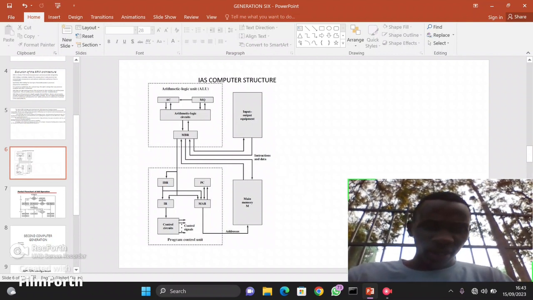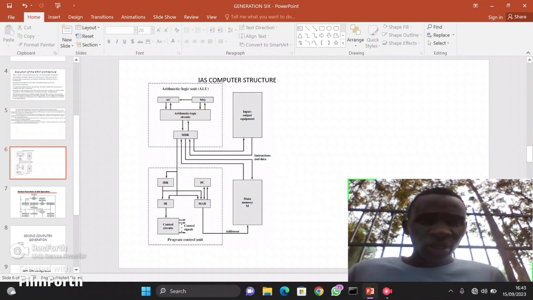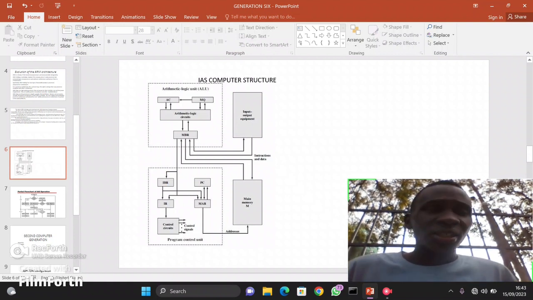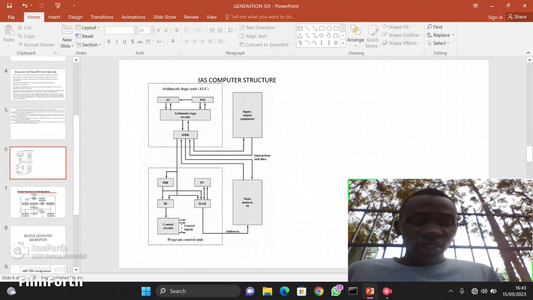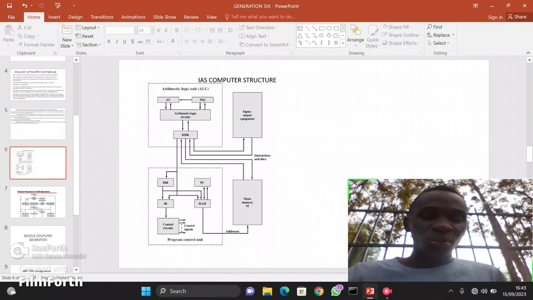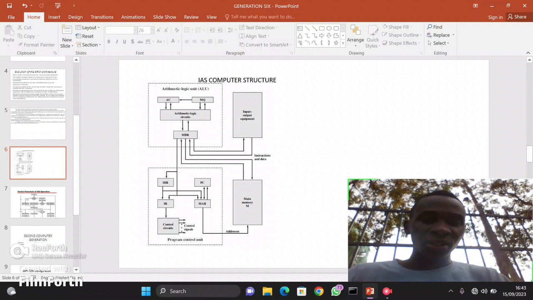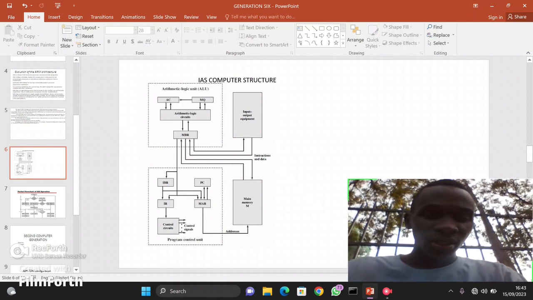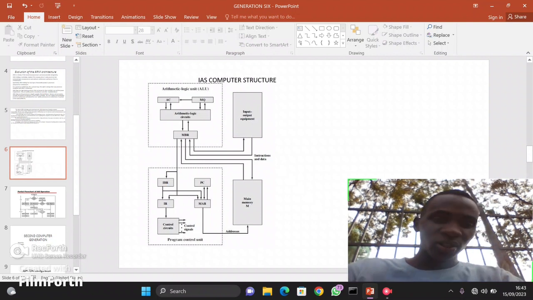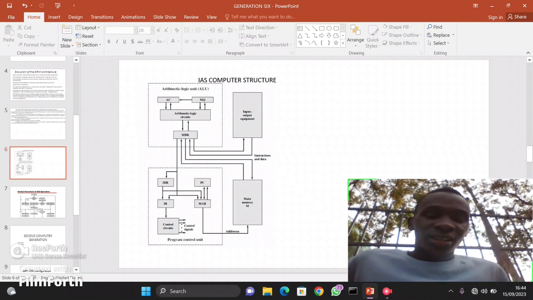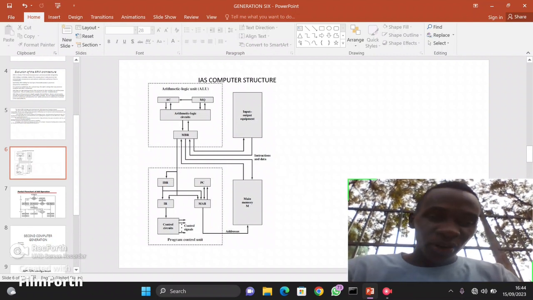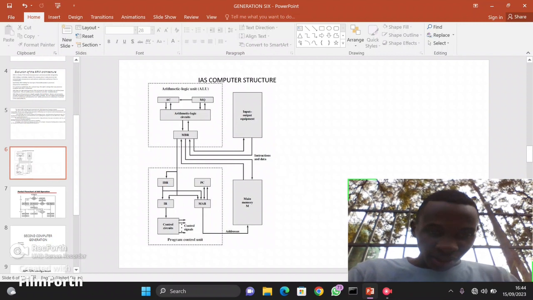We also have the main memory. I guess I mentioned it earlier on. Looking at the inner parts in the arithmetic logic unit, we have the AC, that is the accumulator register, the MQ, multiply quotient register, the MBR, that is the memory buffer register, the IBR, instruction buffer register, the PC, program counter, the IR, instruction register, and MAR, that is the memory address register.